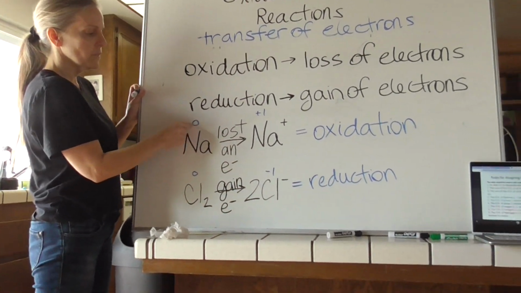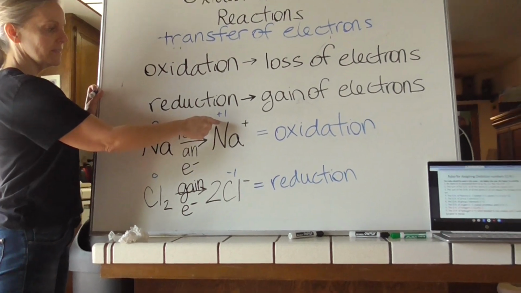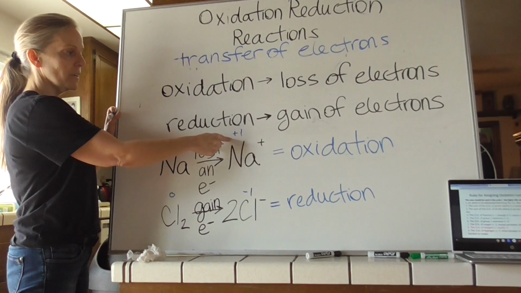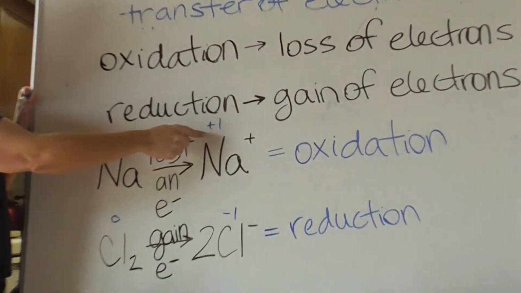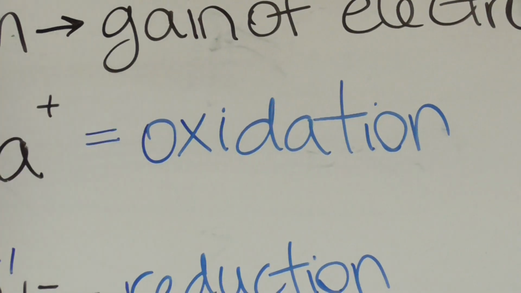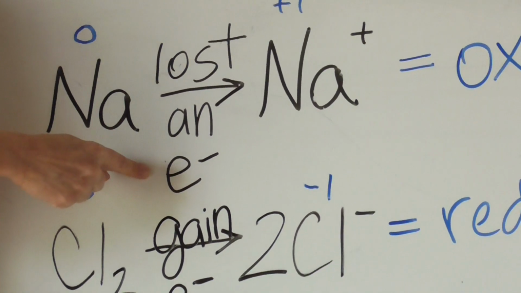So sodium goes from 0 to 1. The only way it can go up in oxidation number is if it loses something negative. If it loses something negative, that's oxidation, and it lost a negative electron.